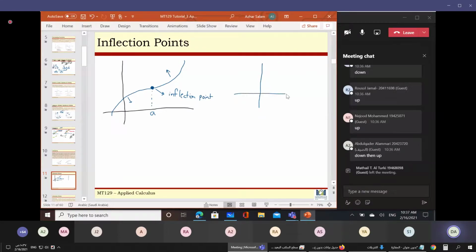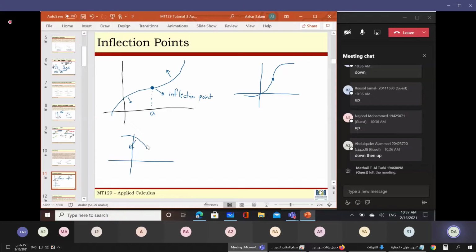So it could also be like that, concave up until this point, then concave down. Both these functions are increasing. Let's draw something decreasing. Let's say that it's decreasing like that, and here it's concave down.